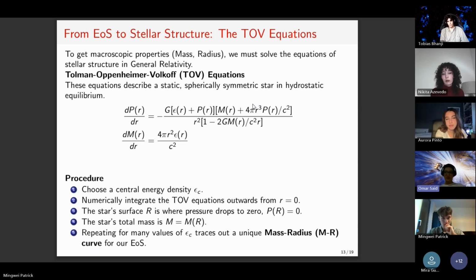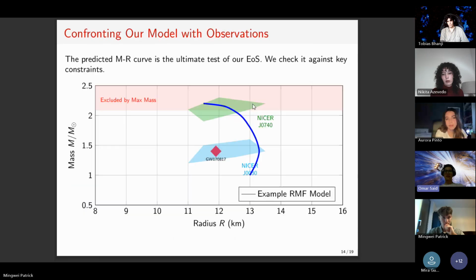And in the next slide, in this graph here, you will see data like J0740, just some data from the real world, from real neutron stars. And if our model is valid, then you will see that the MR relation or curve will be okay.